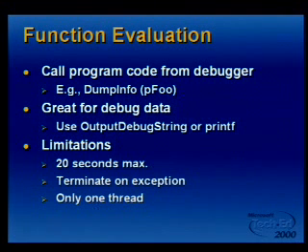To use that in the debugger, the best way is to use OutputDebugString. I assume everybody's come across OutputDebugString, the way to send string events to the debugger. There are some limitations, however, on this actual feature. If the function call lasts more than 20 seconds, if it goes off and does some remote DCOM thing, then we're going to kill it.